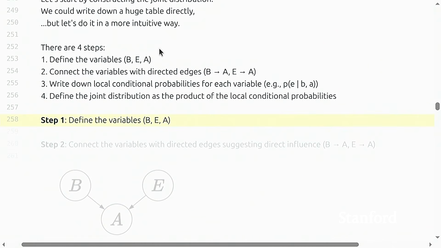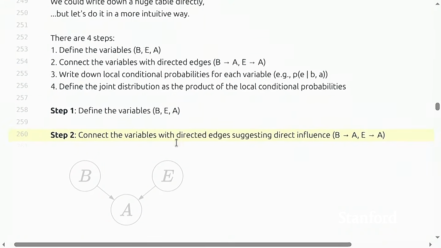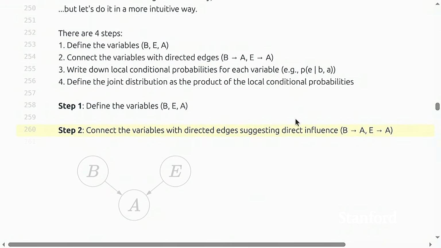The first step is you define the variables. So what are the variables? Well, there's B, which is: is there a burglary? E: is there an earthquake? And A: is there an alarm going off? Okay, done. Usually that's the easy part. Step 2, we're going to connect the variables with directed edges, which suggests direct influence.